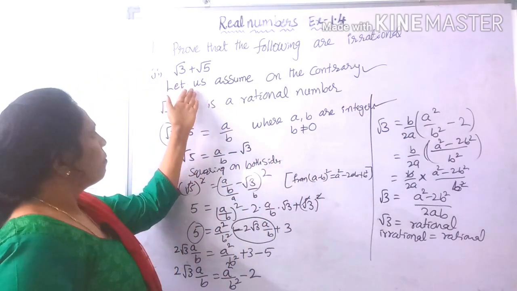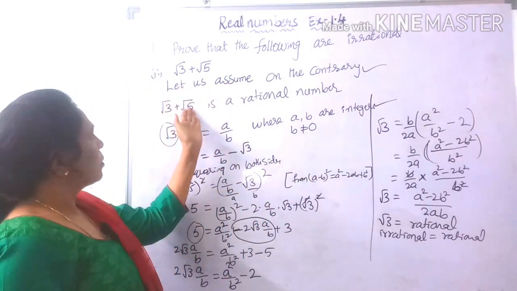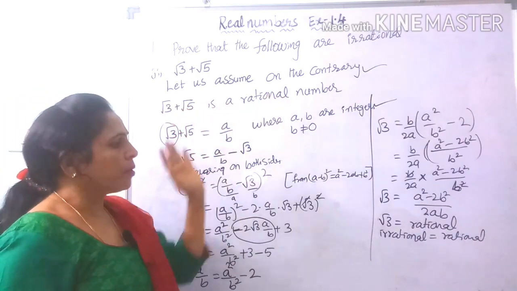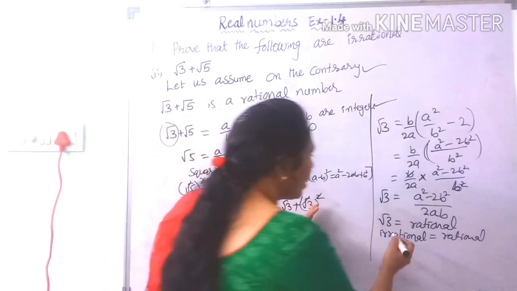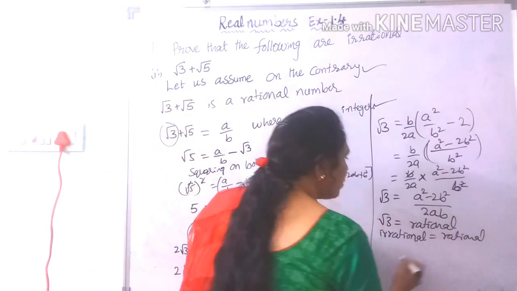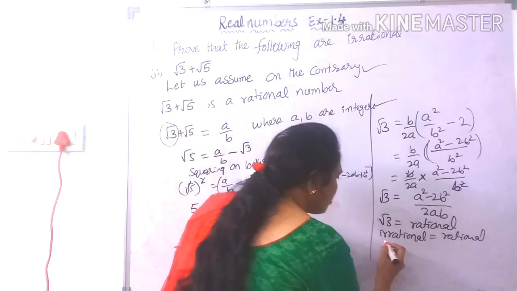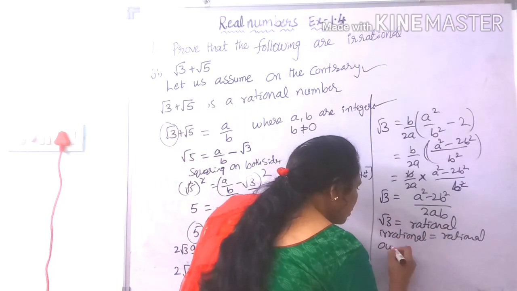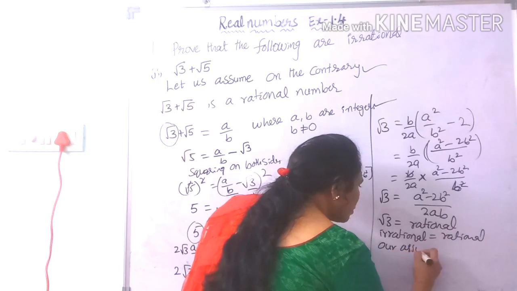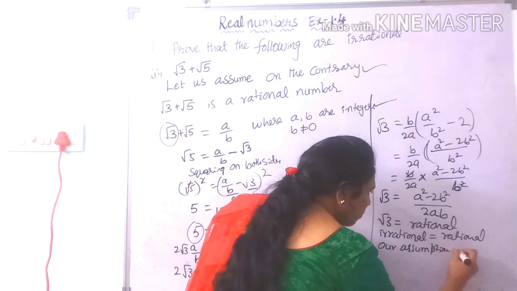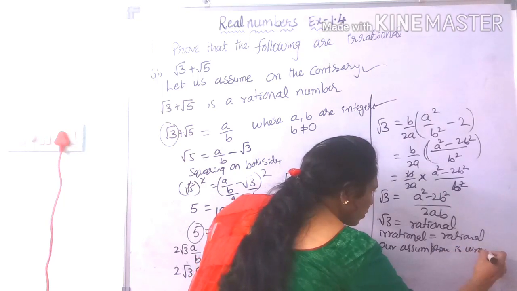What have we assumed? We have assumed that root 3 plus root 5 is a rational number. An irrational number can't be a rational number. So our assumption is wrong.